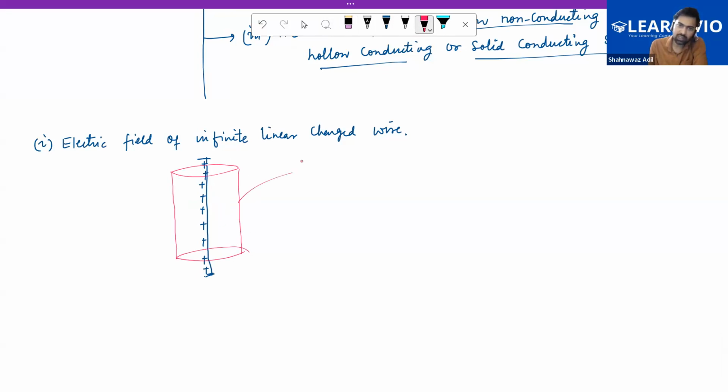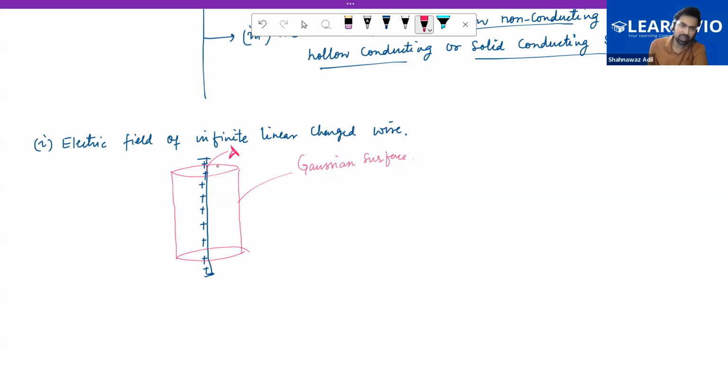So this is the Gaussian surface. Its charge distribution, its linear charge density, is lambda.